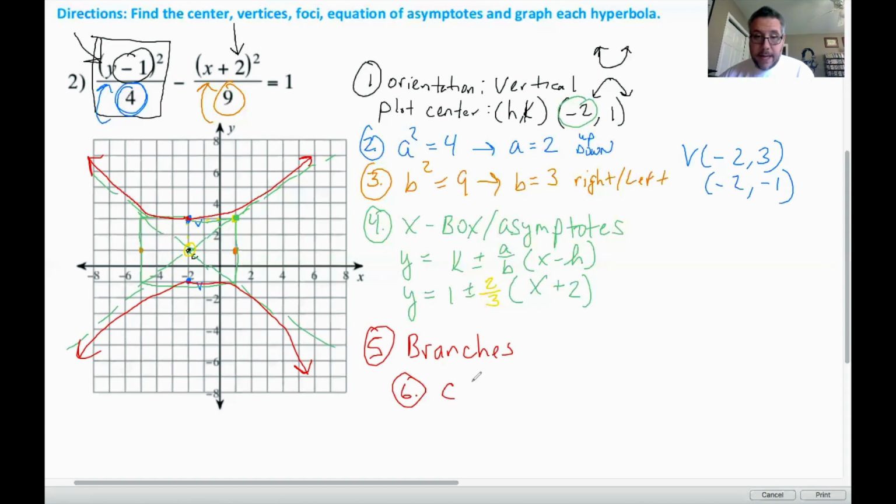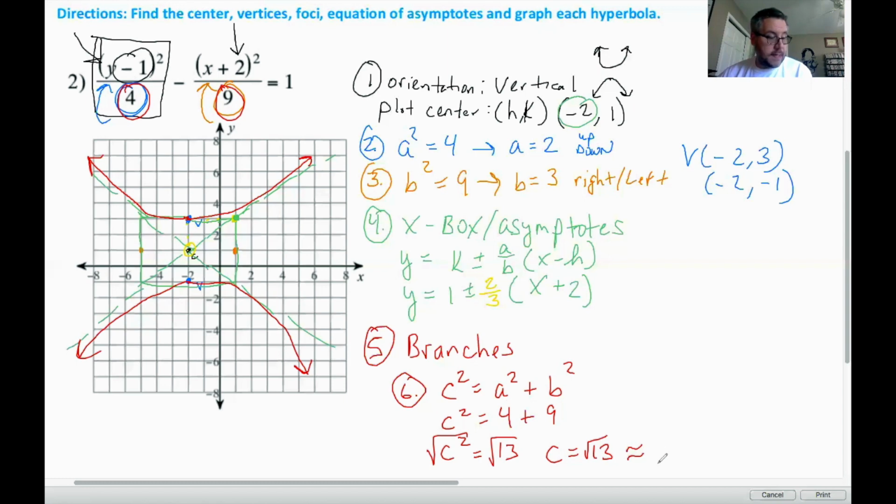And step 6, we'll work on putting in the foci and their coordinates. So they're related by c² equals a² plus b². So we have c² equals a², which was our 4, plus b², which was our 9. So we have c² equals 13, square root of both sides. c equals square root of 13, which we'll use as our coordinates. But to help us plot this, it's helpful to take the decimal.